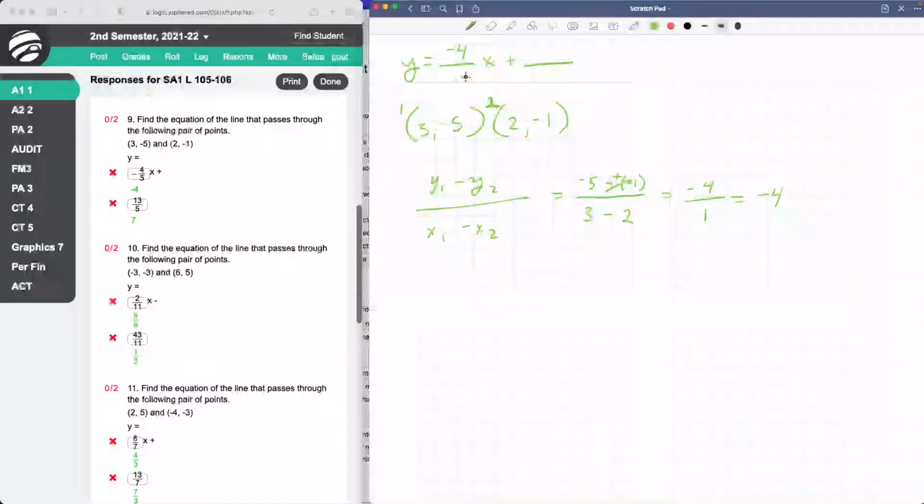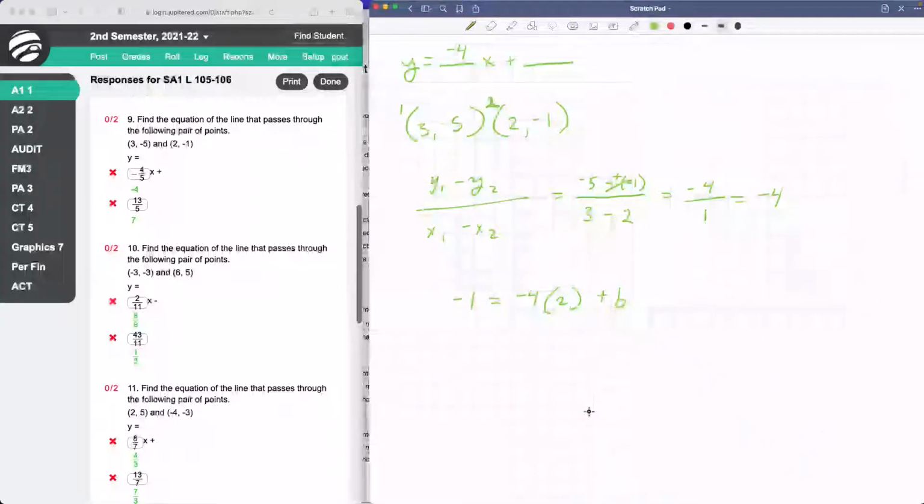And now that we have the slope, we can solve for b by taking one of these points. I'm going to use the first one just because it's there. Actually, I think I'm going to use the second one because it's smaller values, so it'll be easier to calculate in my head. So I'm going to put in the y value, -1 equals, and then I have -4 as my slope, and then my x is +2, and I don't know what the b is.